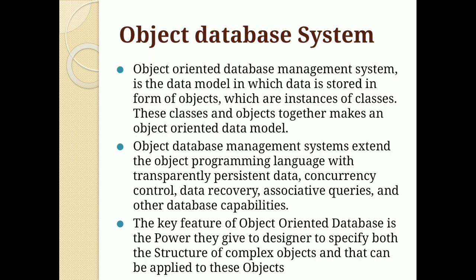On the other hand, object database management system extends the object programming language with transparently persistent data, concurrency control, data recovery, associative queries, and other database capabilities. The key feature of object-oriented database is the power they give to the designer to specify both the structure of complex objects and the operations that can be applied to these objects.